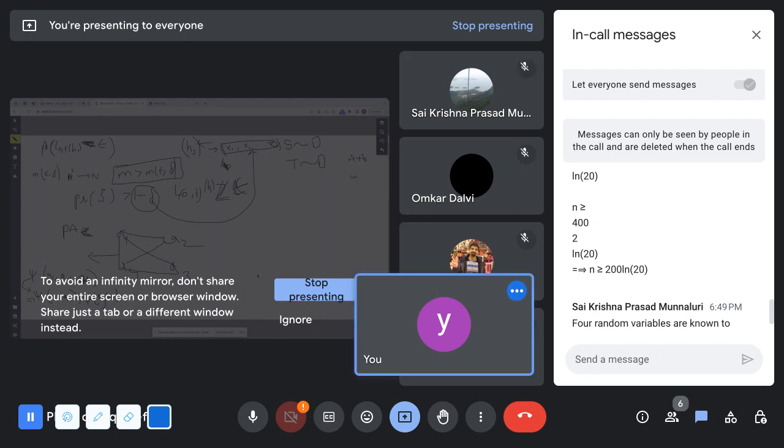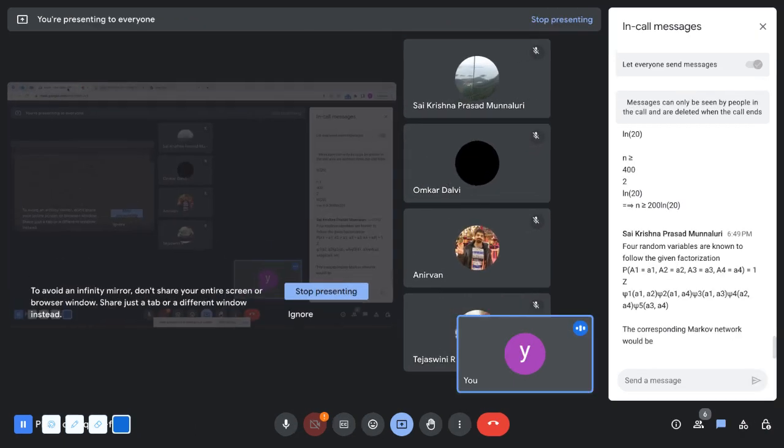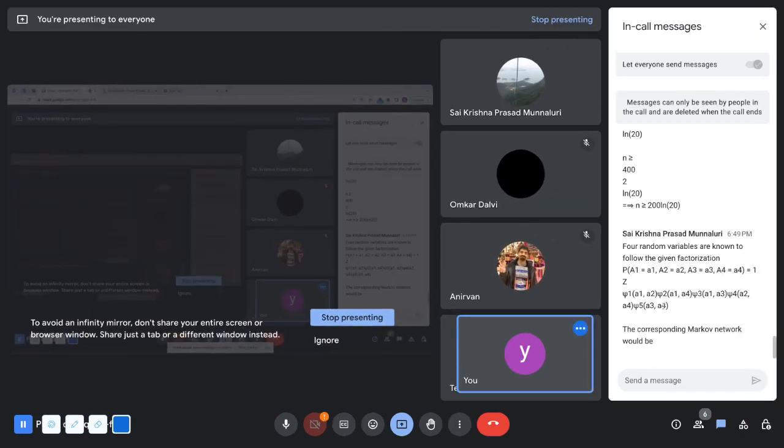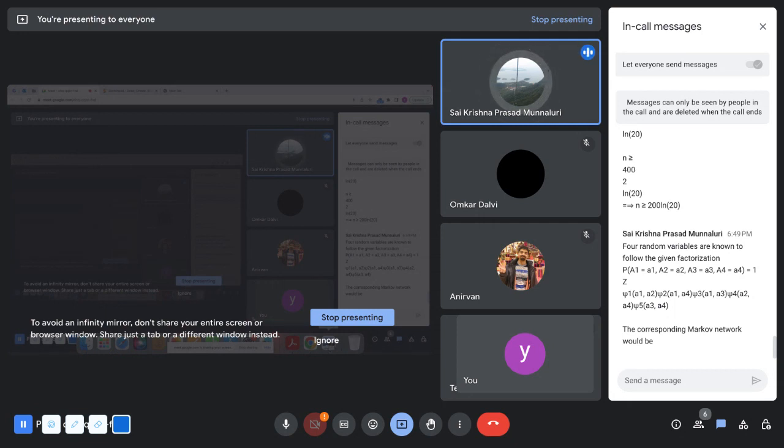So is there A2, A3 in your option? In the question, sir, there is no edge between A2 and A3. There is no factor for A2 and A3. We have A2 and A4 and A3 and A4, but not A2 and A3.